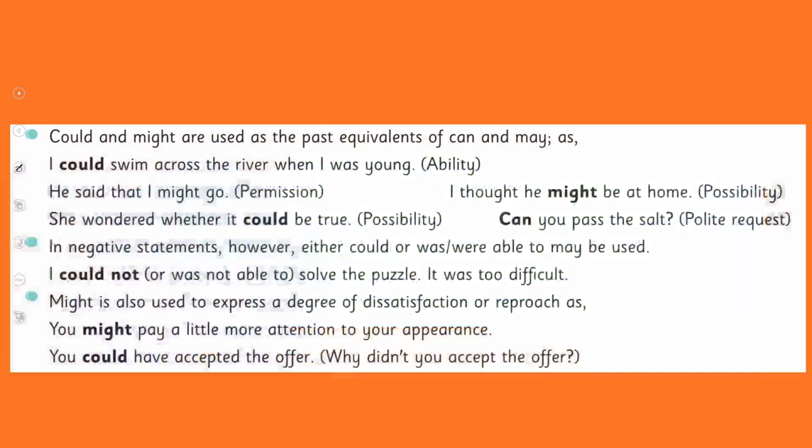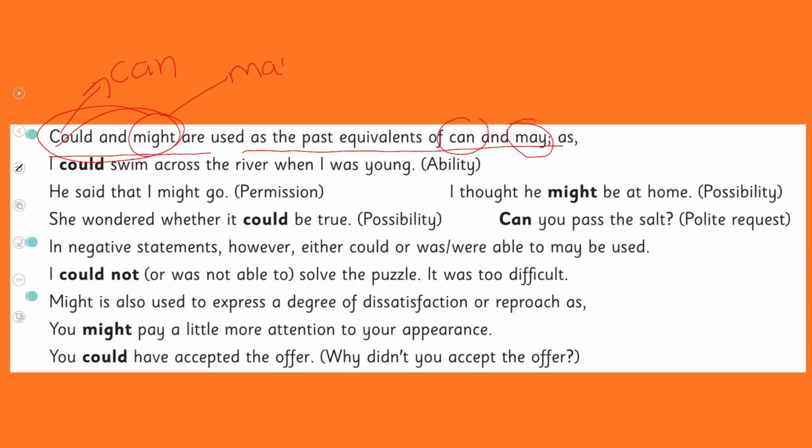Okay, now let's see could and might, how they can be used. They are used as the past equivalents of can and may. Can becomes could in the past and may becomes might in the past. Now, I could swim across the river when I was young.